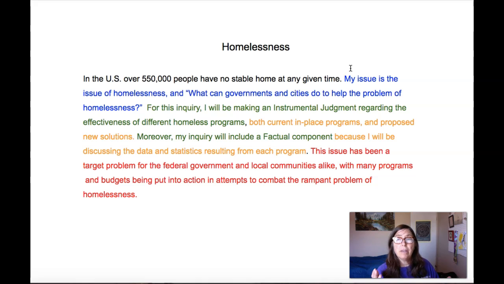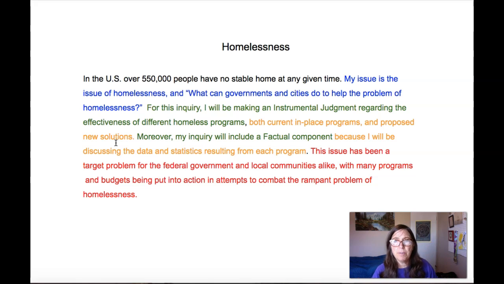And then he does a thing called interleaving. He does a development with a quick explanation, a development with a quick explanation. So he talks about the instrumental judgment there in green, and then explains it a little bit more. There's current in-place programs and proposed new solutions. As it turns out, his paper turned into a comparison of Housing Ready versus Housing First.